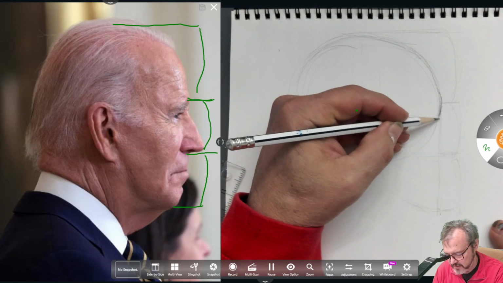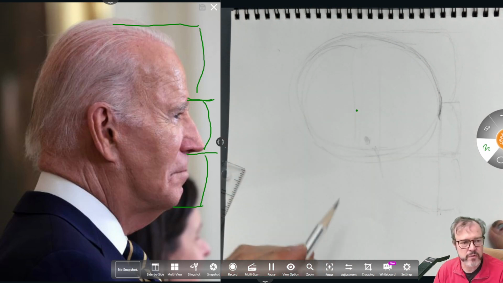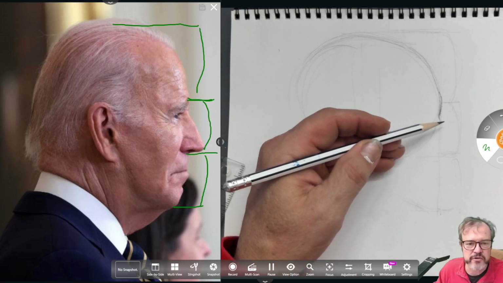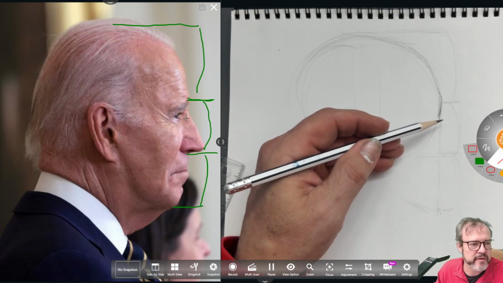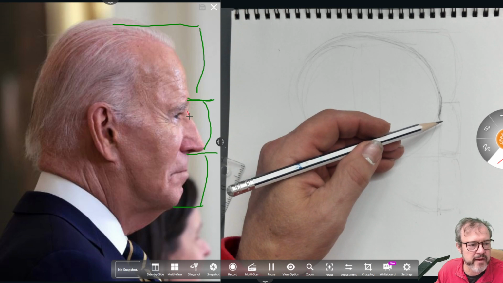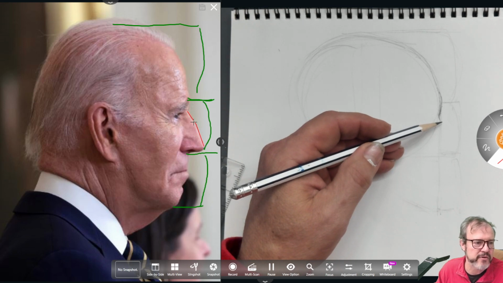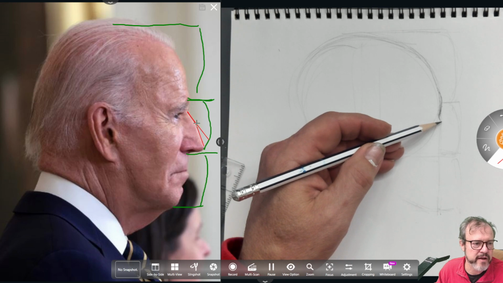Now we've got the indent under the brow ridge, and his nose has a clear direction change. See it? We're going to go from that indent to here, and then we're going to change direction and go down to the tip. And these angles are slightly different. This one's closer to 45 and this one is steeper. You see that?